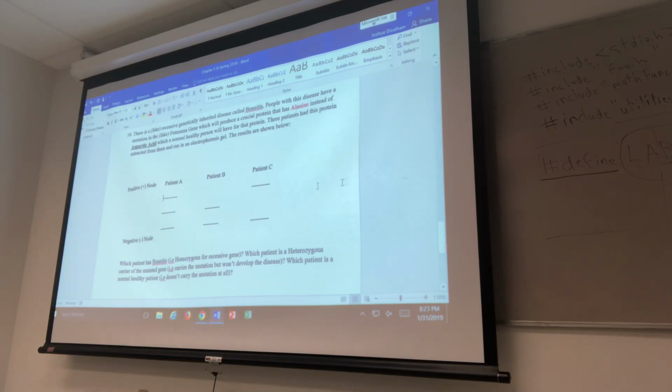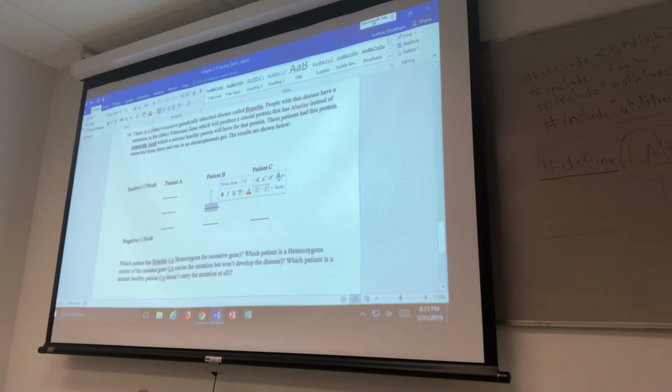We just said that any lines at the top must represent acidic amino acids. So patient A must be making aspartic acid, and patient C must be making aspartic acid. But patient B is no longer making aspartic acid from this particular gene. Instead, patient B has this line in the middle here, which based off our process of elimination must represent what amino acid? Alanine, because it's in the middle, right?